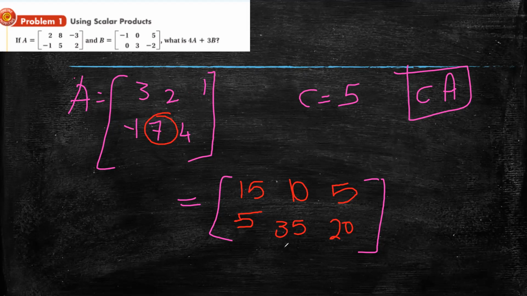Let's now solve this problem here. In this problem, we have a matrix A and a matrix B, and you have to find 4A plus 3B. So you have to multiply 4 times the matrix A, then multiply 3 times the matrix B, then add them.